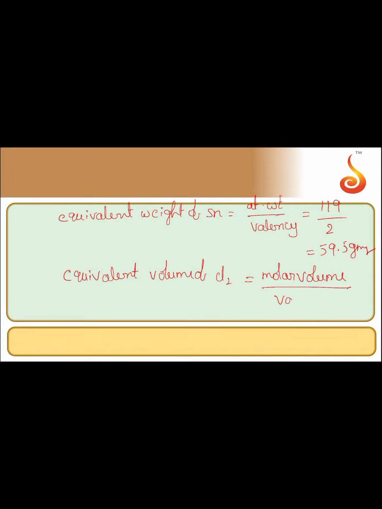Molar volume is 22,400 cc by the valency, which is 2. Each chlorine is 1, and there are 2 chlorine atoms, so valency is 2. 11,200 cc is the equivalent volume of chlorine, or else 11.2 liters is the equivalent volume of chlorine.